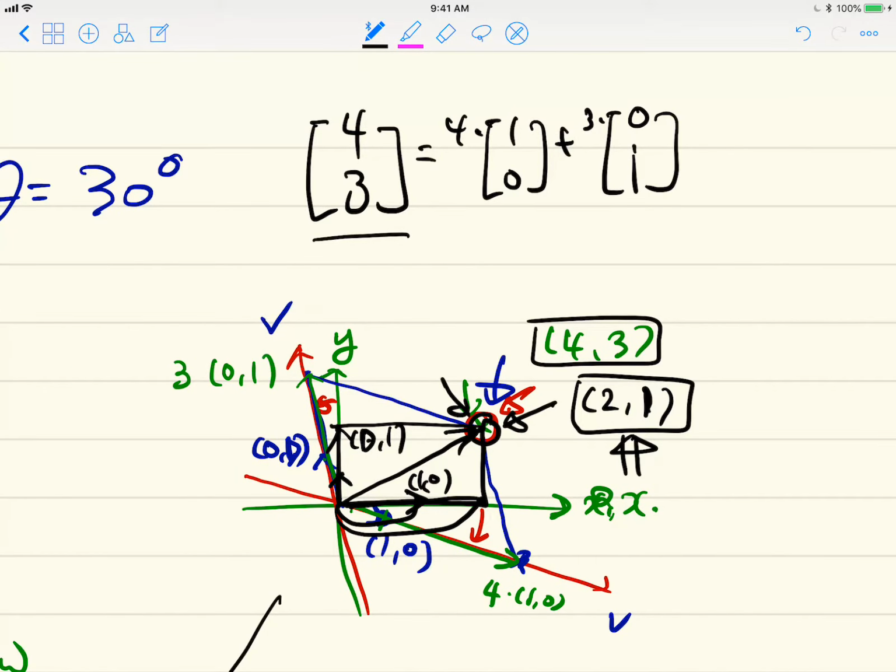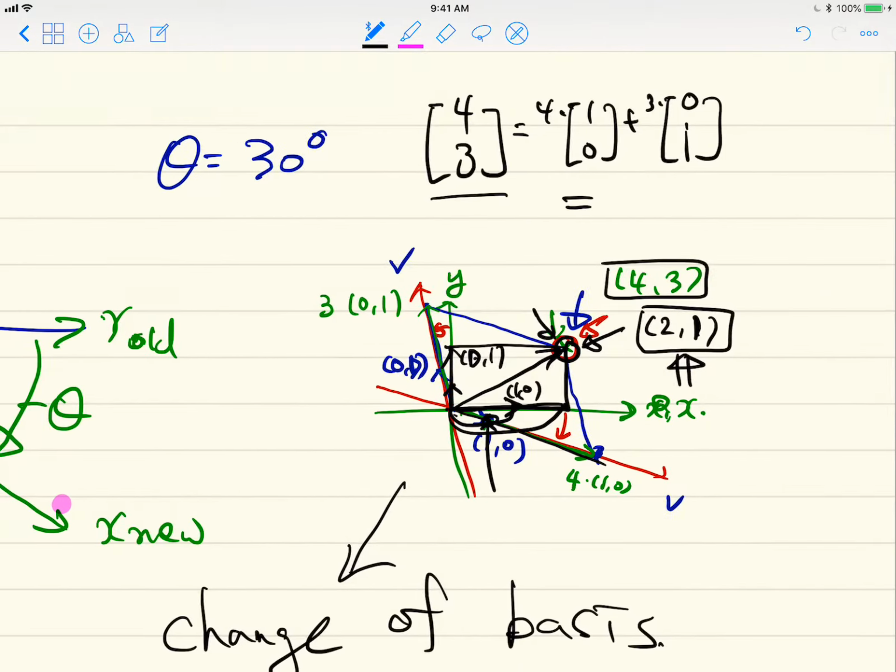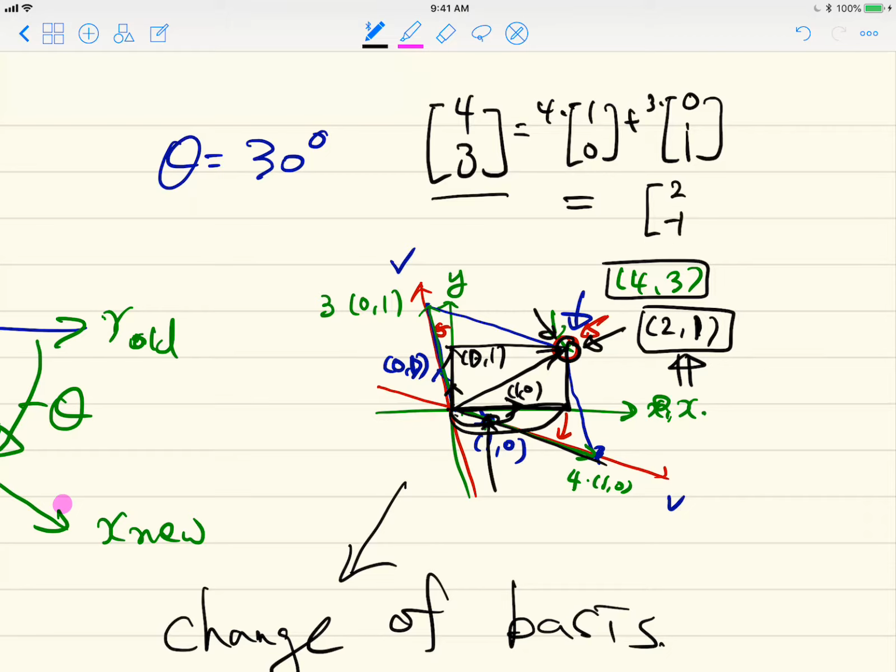And then suppose I gave you the two new axes, okay, two new axes, and this is the new axis, and then suppose this point was maybe 2 and negative 1.